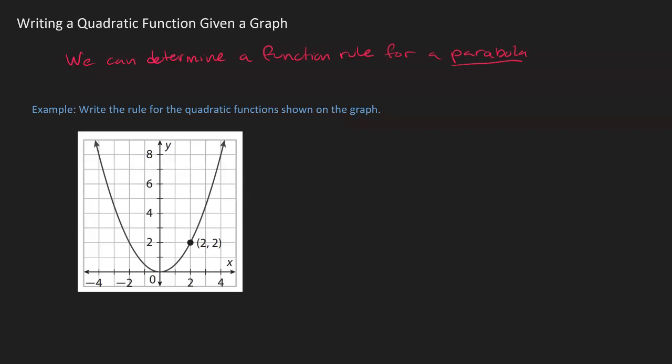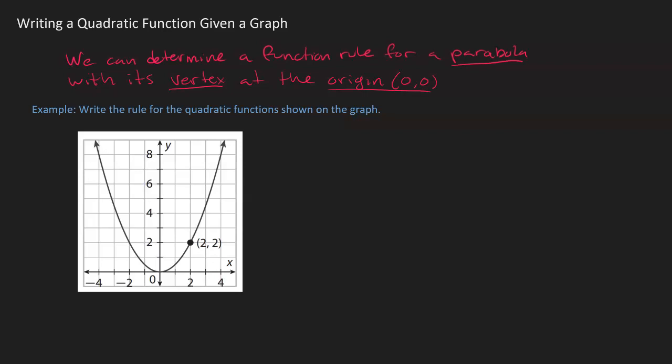I'm going to underline that because that's the graph that we are creating the rule for, with its vertex at the origin, meaning 0, 0. So that's important.